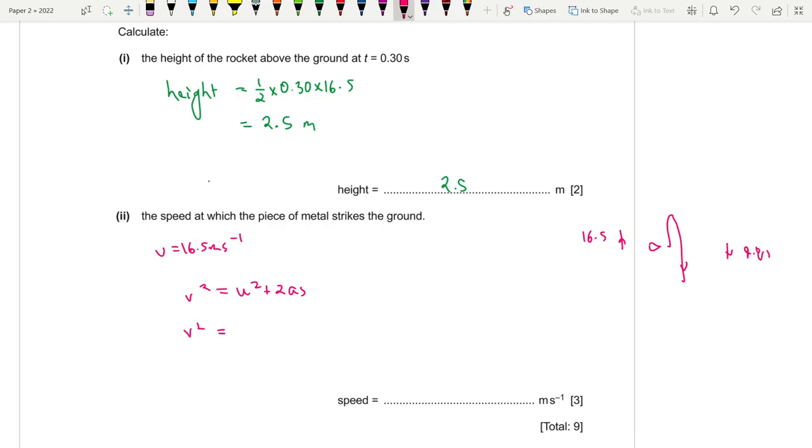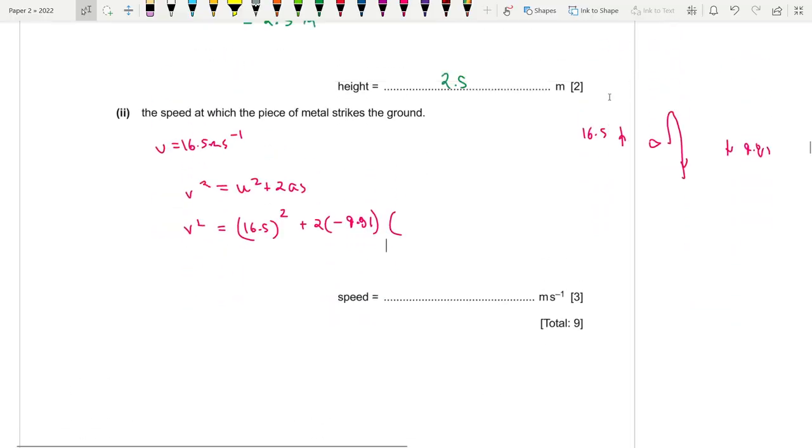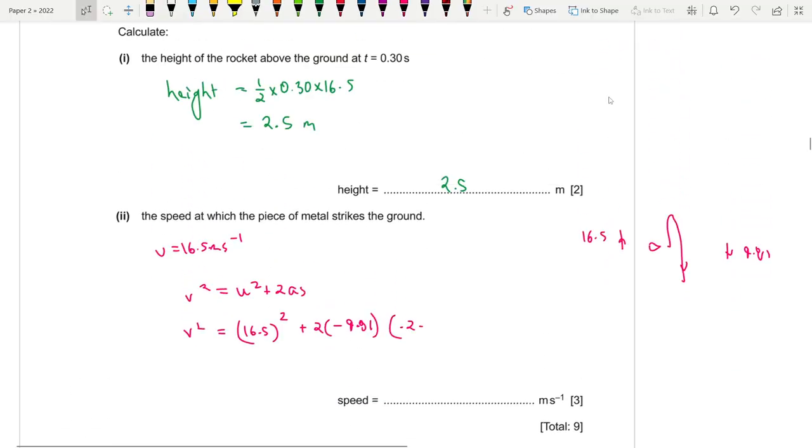So it's going to be 16.5 square plus 2 into minus 9.81, since there's no resistance, and the distance is downwards, it's below us, so it's going to be minus 2.5. So that's basically v square is equal to 16.5 square plus 2 into 9.81 into 2.5.